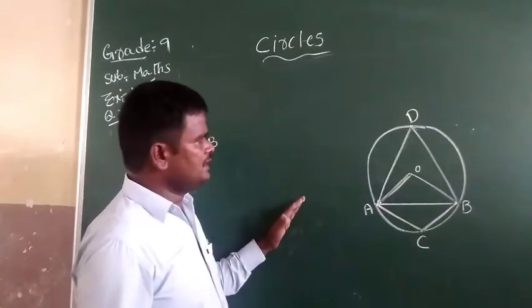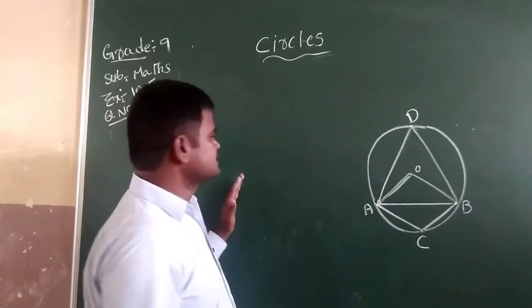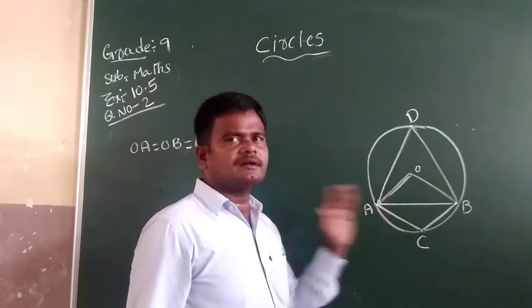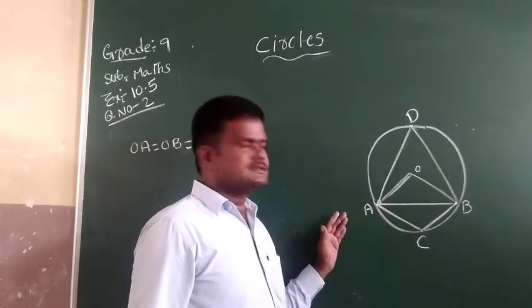So here, we need to find the subtended angle by the minor arc and major arc at the center.